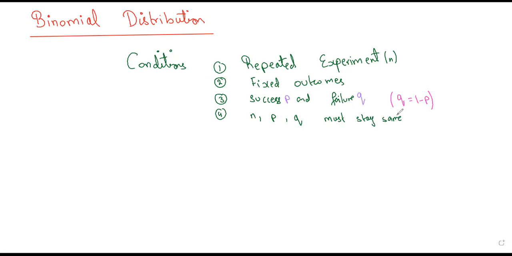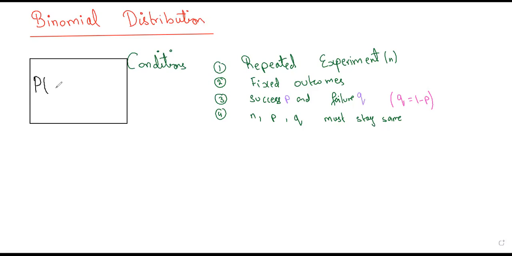Now, if you know that it is a binomial distribution, why were we spending this much time in knowing if it would be binomial distribution? Because the formula is different for binomial distribution. Now I'll give you an example. Let's say you were rolling a dice 3 times and you are finding the probability of how many times you would get a 6.